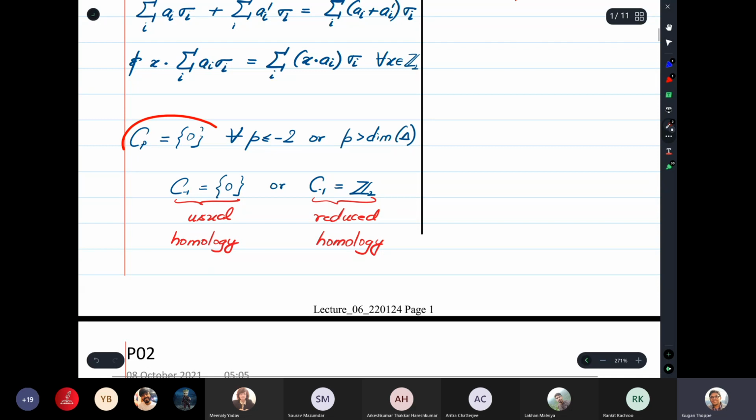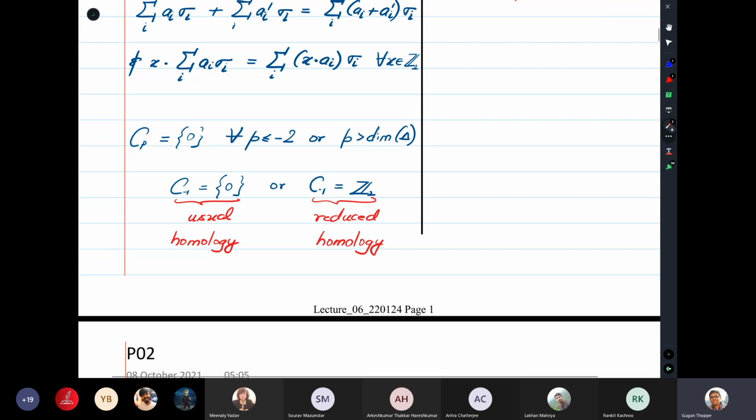In these cases, whether we are working with the usual homology or the reduced homology, C_p will be the trivial vector space. It simply consists of one element, which we will refer to as 0 and interpret as the additive identity element.